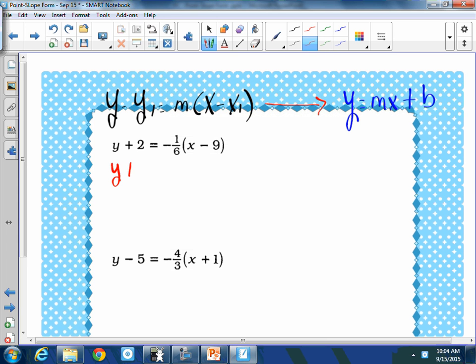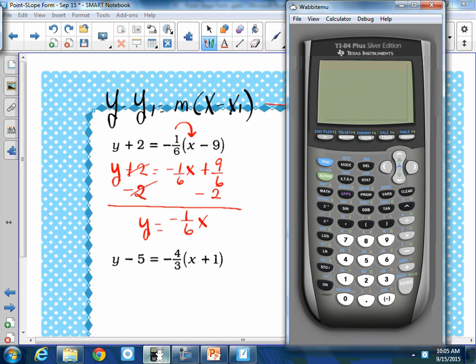So y plus 2 equals, I'm going to multiply, -1/6 times x is -1/6x. -1 times -9 would be plus 9/6. Now, I'm not going to simplify or anything because the calculator will take care of this for me, okay? So this would be -2 minus 2, that would be 0. So y equals -1/6x, and this is where the calculator puts it in.